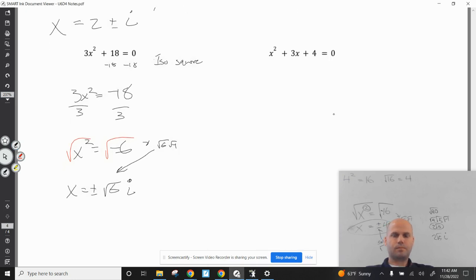All right. X squared plus 3x plus 4. Oh, could you isolate a square? No, this is like standard form. This is ax squared plus bx plus c. I'm going to use, my friend, the quadratic formula.